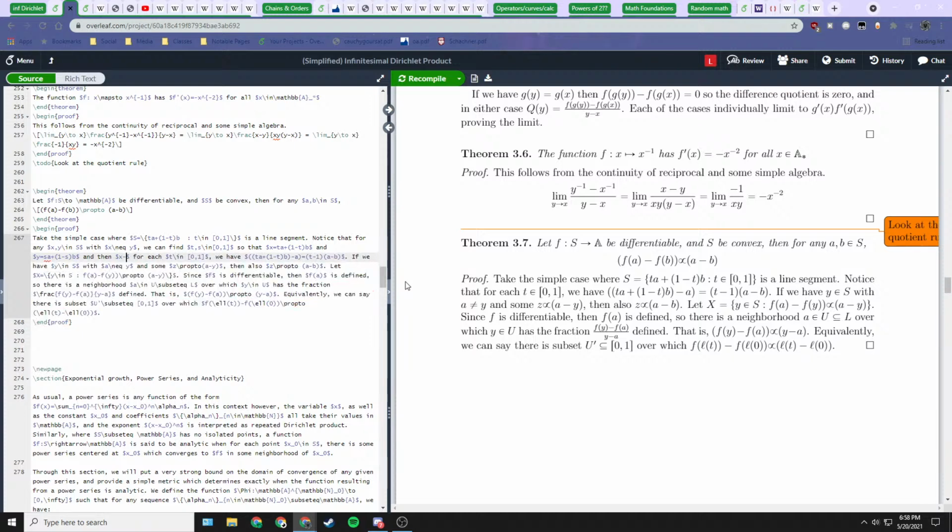Then x minus y is equal to t minus s a plus s minus t b, which is just t minus s times a minus b. So generally, x minus y is proportional to a minus b.